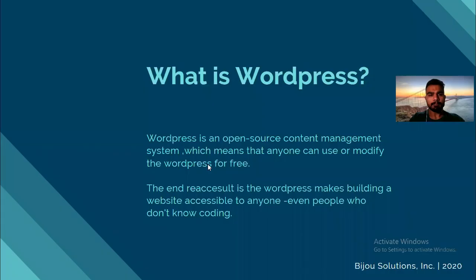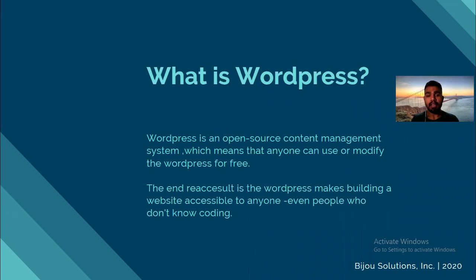So the second thing is, what is WordPress? I'm going to give you a small definition. WordPress is an open source content management system, which means that anyone on this planet can come and use and modify WordPress for free. That's why it's open source. You can download it, use it, and modify it your way.